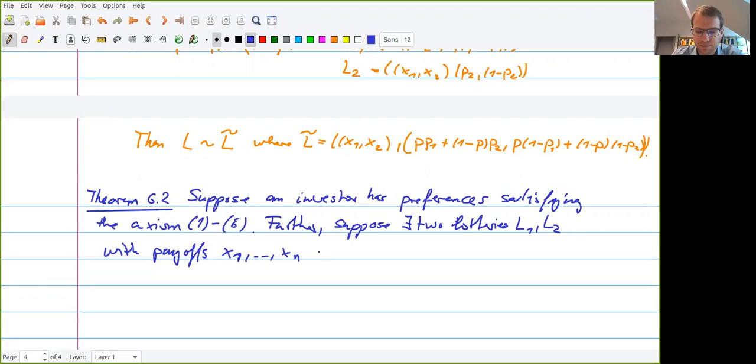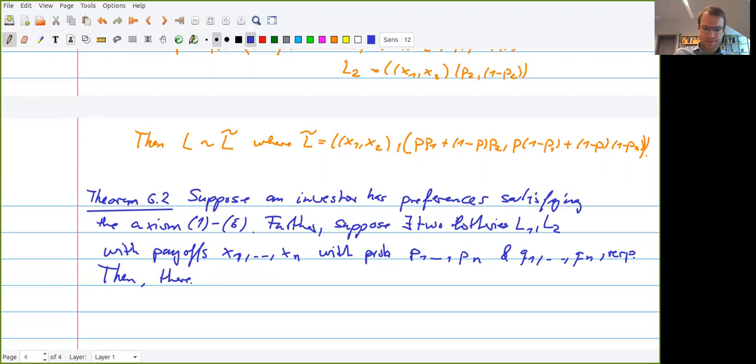And this happens with probability p1 up to pn and q1 up to qn. So these are 2 lotteries. They have the same payoffs, but these payoffs appear with different probabilities. What is now the claim here?